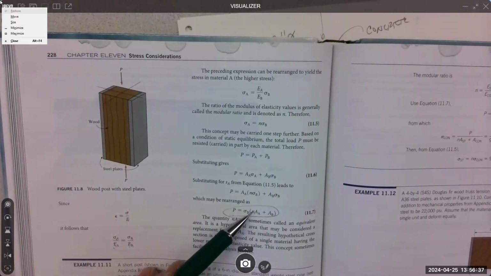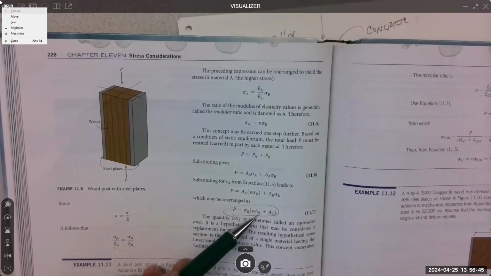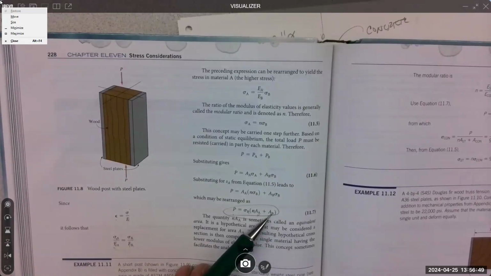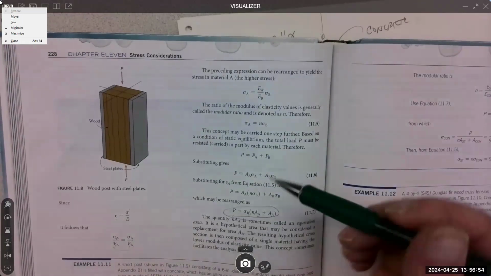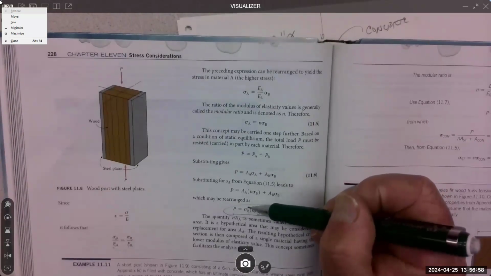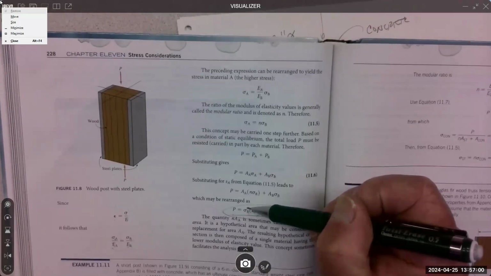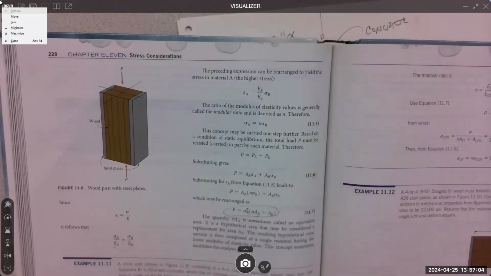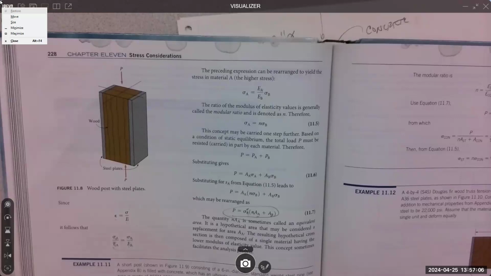That's what this is, the modular ratio of this combined material problem. Okay? Area A, that's easy. That's the area of the steel. Area B, that's easy. It's the area of the concrete. Okay? The stress in B, the weaker material, which is concrete, gets put in here. So this would be, if we don't have any factor of safety, our 4,000.